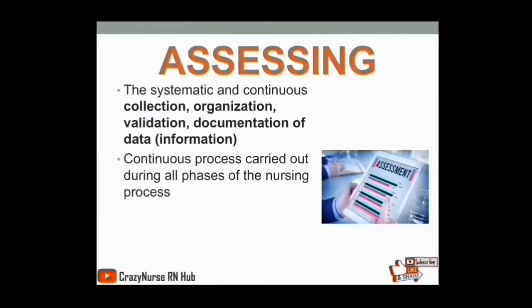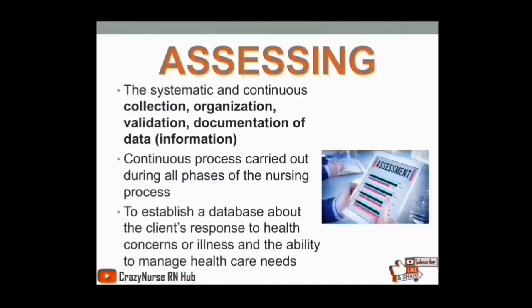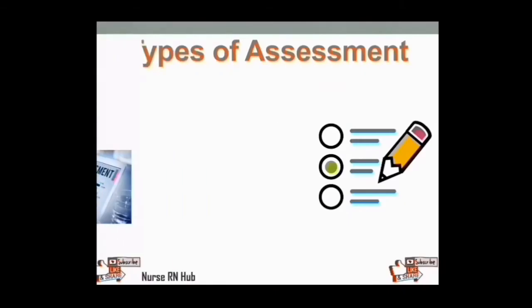It is a continuous process carried out during all phases of the nursing process, and it is to establish a database about the client's response to health concerns or illness and the ability to manage healthcare needs.